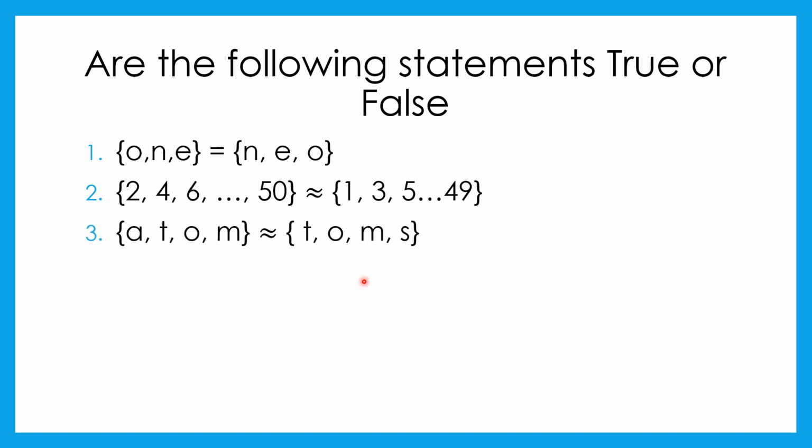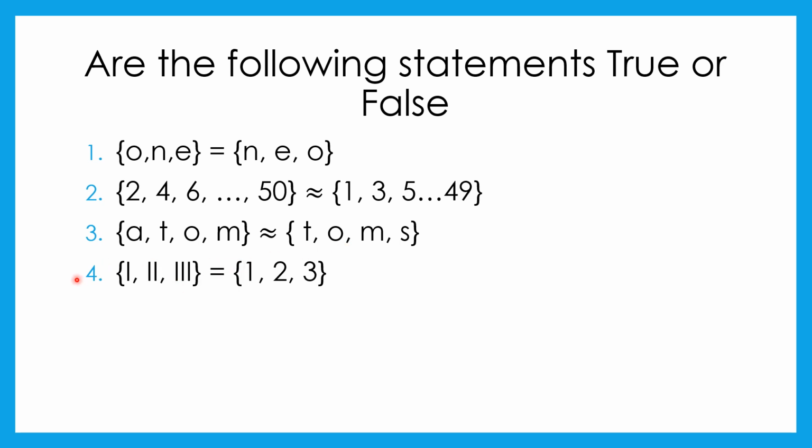Number three, the first set has A, T, O, M as elements, which is equivalent to the second set, which is T, O, M, S. They are equivalent because they have the same number of elements.